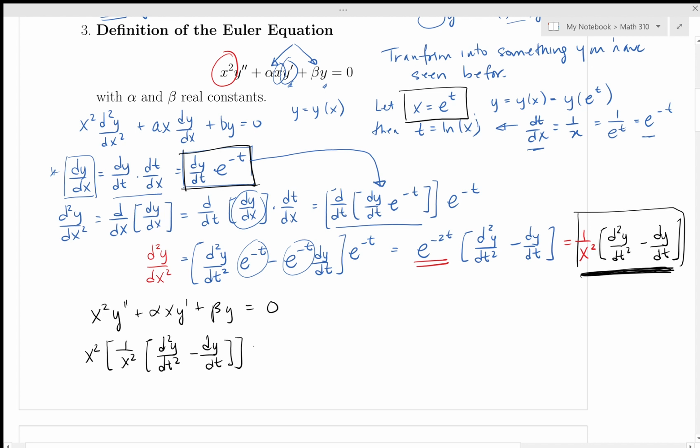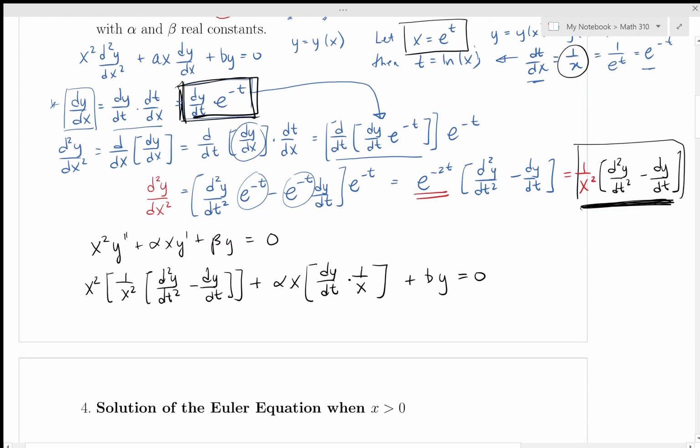And then I have plus alpha x, and I'm going to substitute in for y prime here. So here's y prime right here. That is dy by dt times e to the minus t. What is e to the minus t? e to the minus t is 1 over x. And then I have plus beta y equals 0. Okay. A little bit of simplifying.